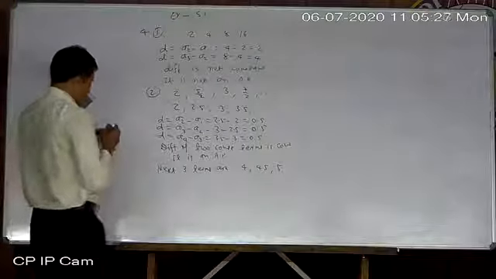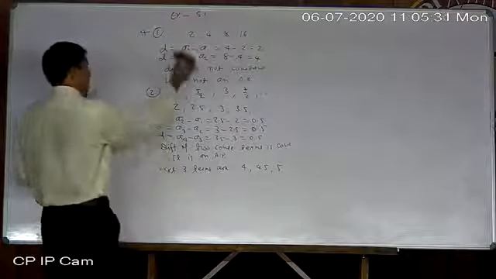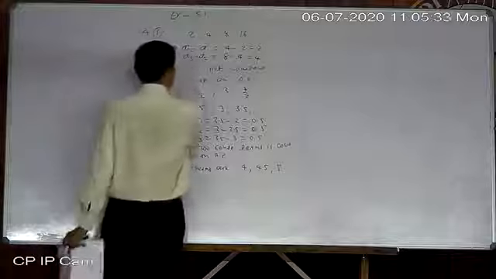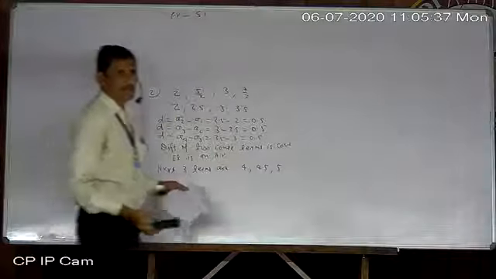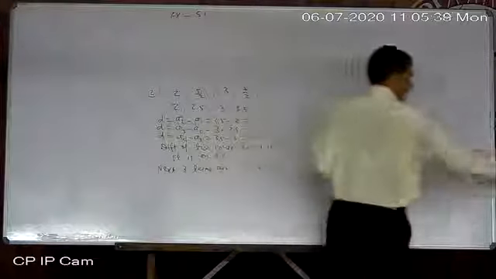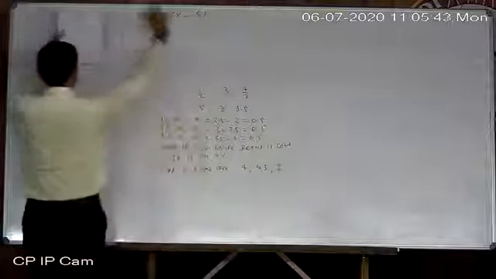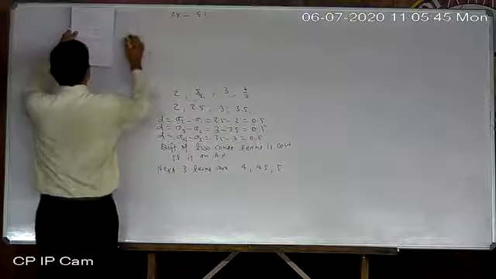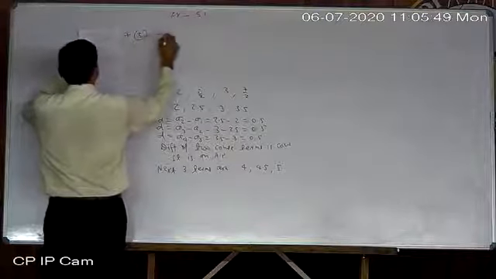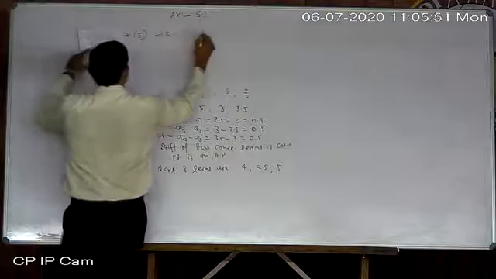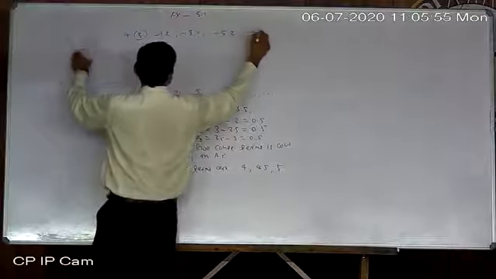Now look at number 3. The first one is of positive integers, the second one is of fractions, and the third one is of negative numbers. So whenever negative, be careful: place the value in brackets only. Now the third one, or fourth, it is given minus 1.2, minus 3.2, minus 5.2, minus 7.2 like this.